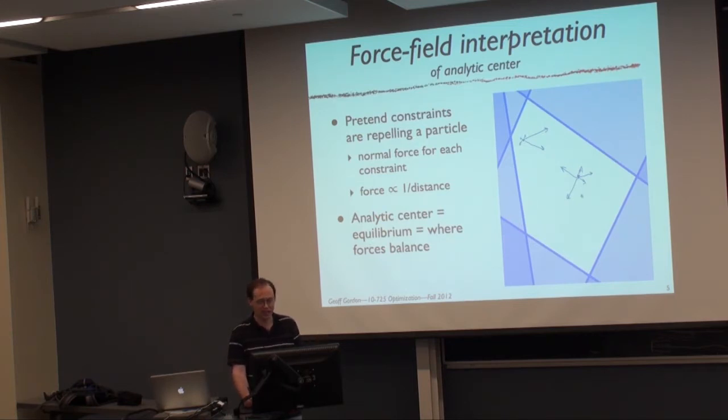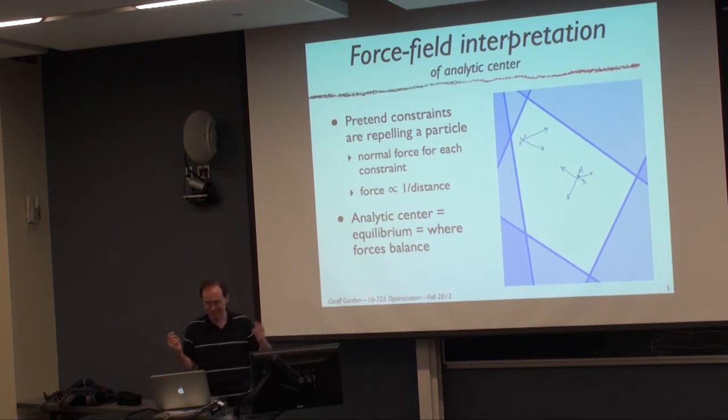I only sketched it, but this is approximately where the analytic center is. Okay? So you can think of this as some kind of physical system, although I don't actually know of a force that has 1 over distance as its strength when you're going from an infinite plane source of whatever that force is. But, whatever. It at least sort of gets our physical intuition.